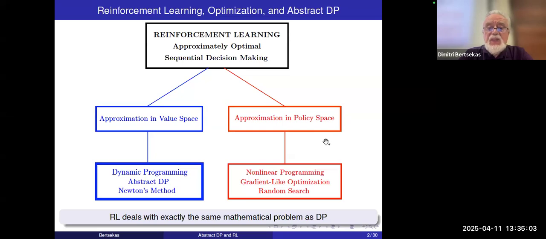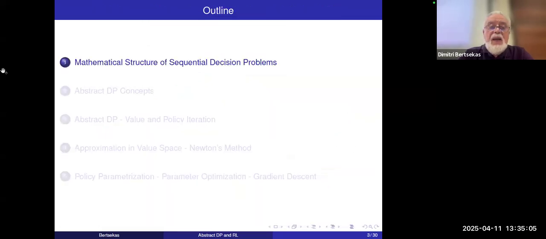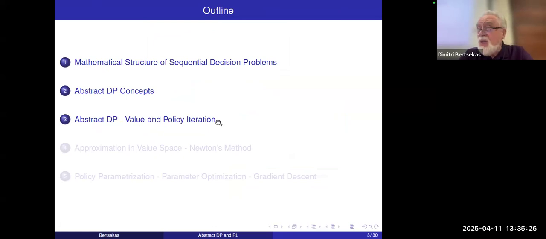So here is my outline. First, I'm going to talk about the mathematical structure of sequential decision-making, optimal sequential decision-making. Then how do we abstract that and formulate an abstract dynamic programming problem that captures the mathematical essence of sequential decision-making. Then I'm going to talk about algorithms, in particular, the methods of value and policy iteration.